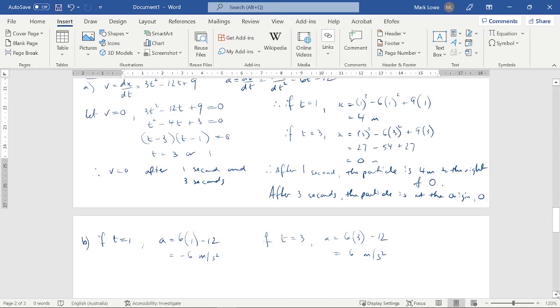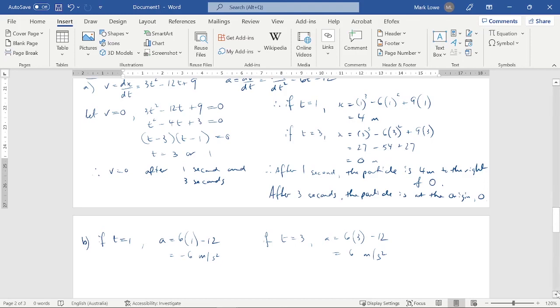We're looking at acceleration, the rate of change of speed with respect to time, so it's meters per second per second; we just write it as meters per second squared. So when t equals 1, it's a negative value, and when t equals 3, it's a positive acceleration.